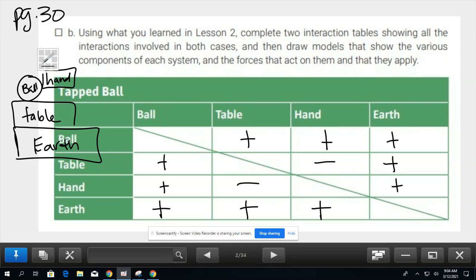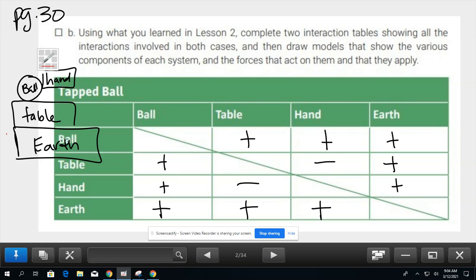Everywhere that there is a plus sign, that is going to be a force arrow. Solid arrows represent contact forces. They physically touch. Dashed arrows represent forces that are working at a distance. They are influencing each other, but they are not touching.